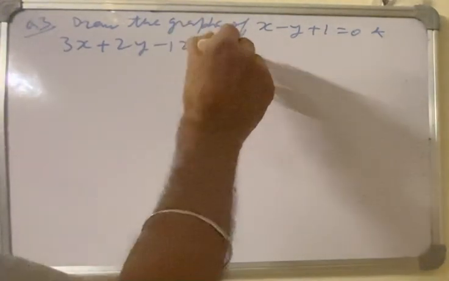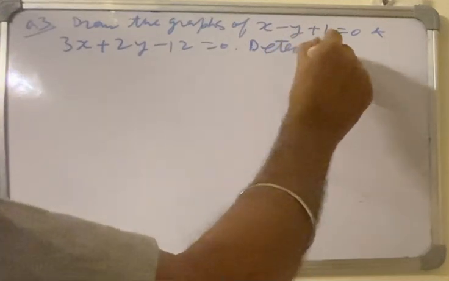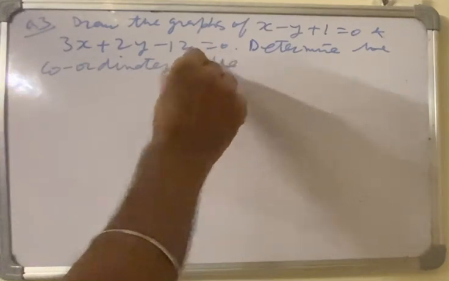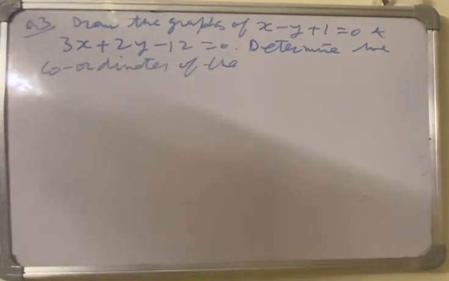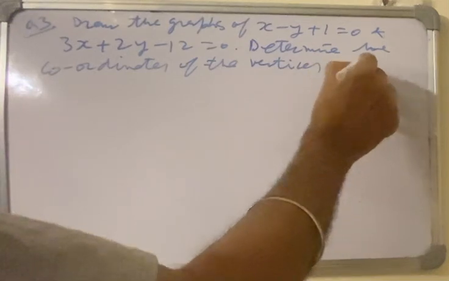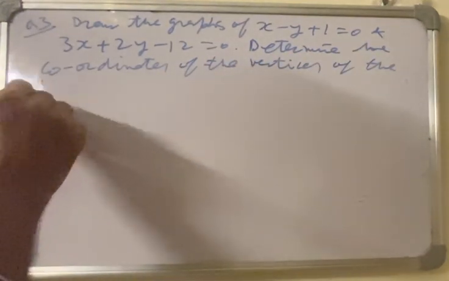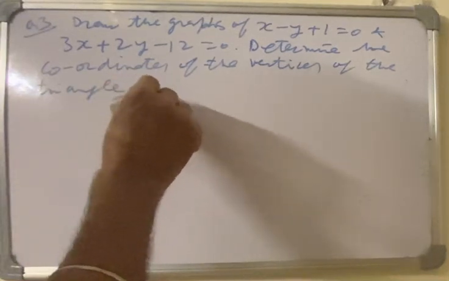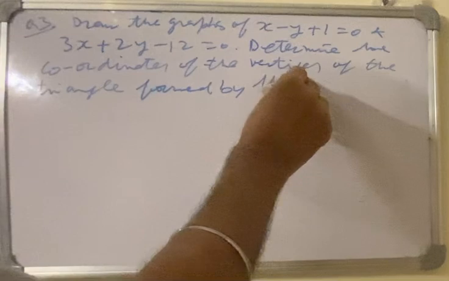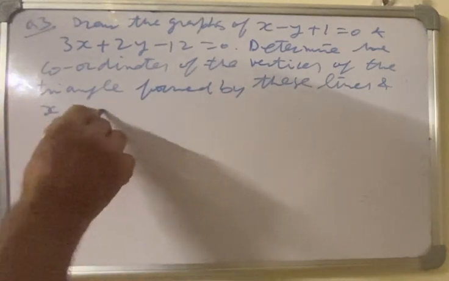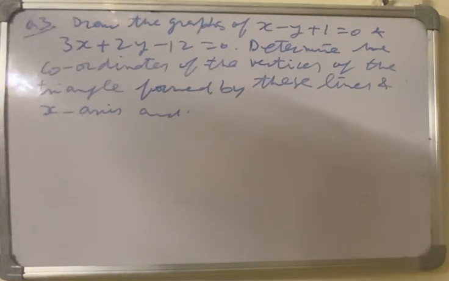Determine the coordinates of the vertices of the triangle formed by these lines and x-axis, and shade the triangular area.